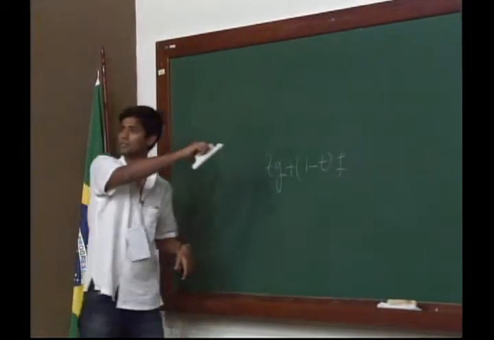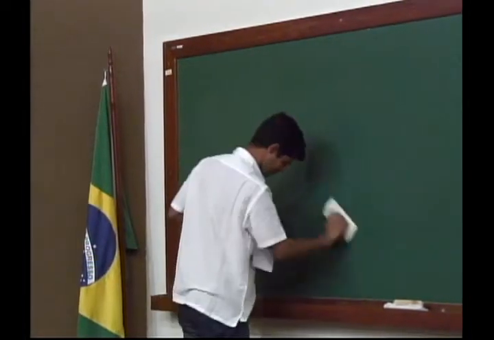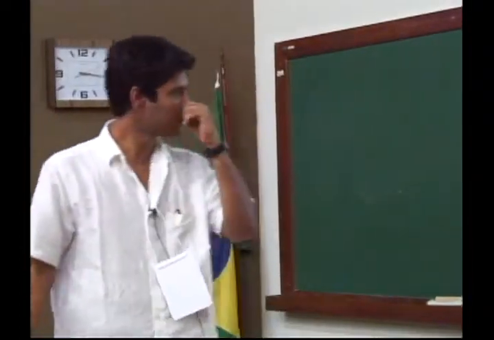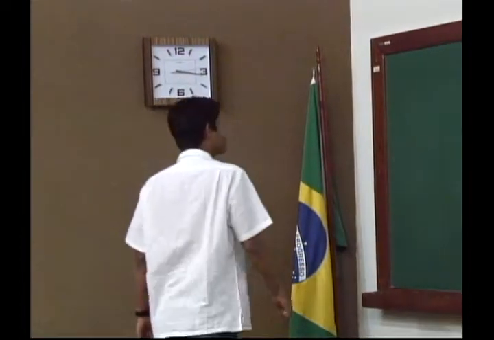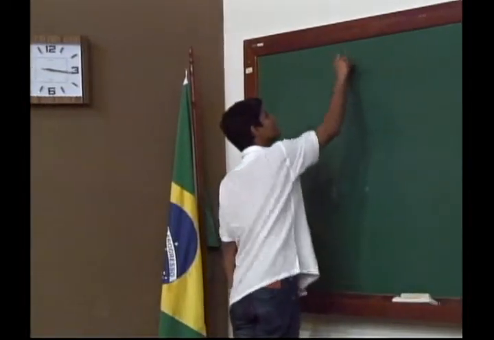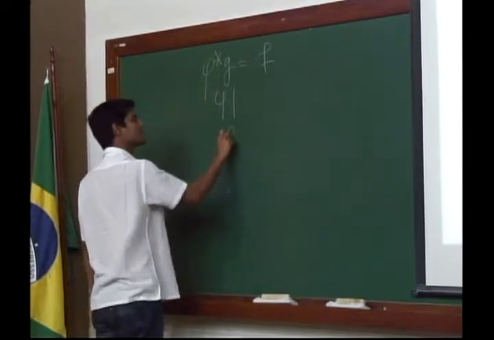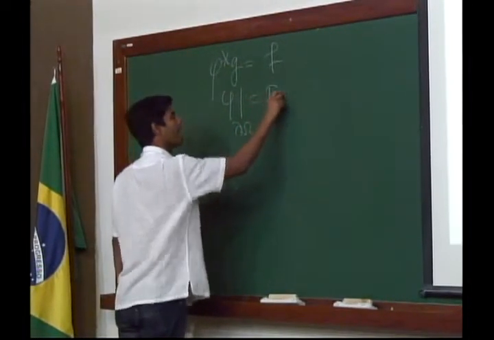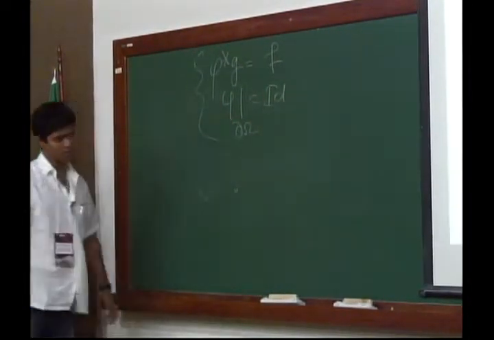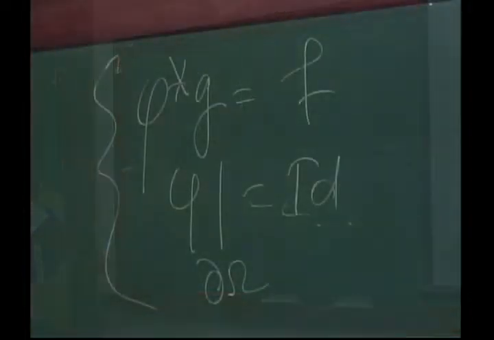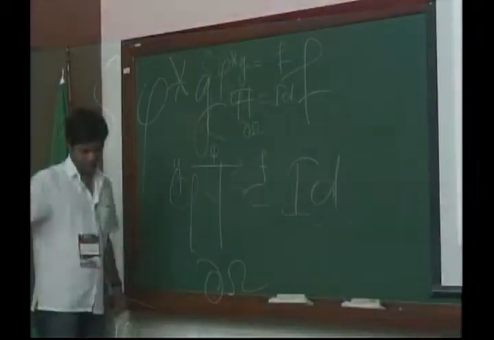What we want to solve is this equation, phi star g is equal to f, and phi is identity on the boundary. So we have g and f, and we want to find the diffeomorphism phi.